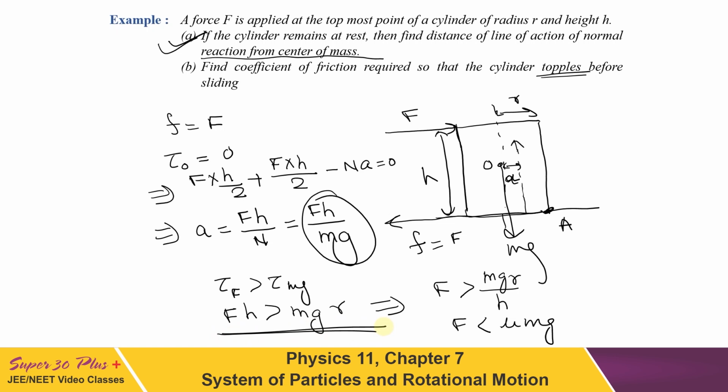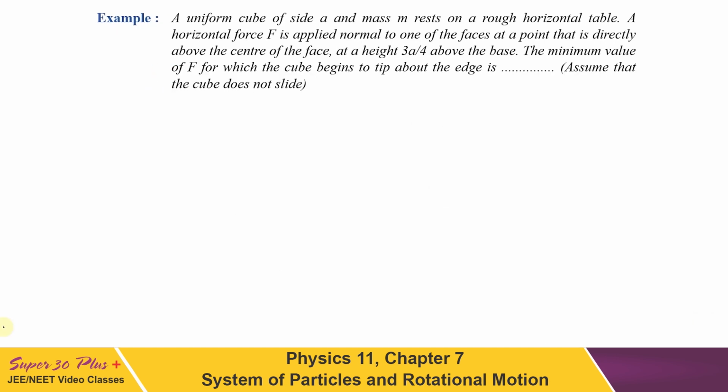From here we got the condition that r by h should be less than mu. So this is the value of mu required if the cylinder has to topple before it starts sliding, which is our part 2.